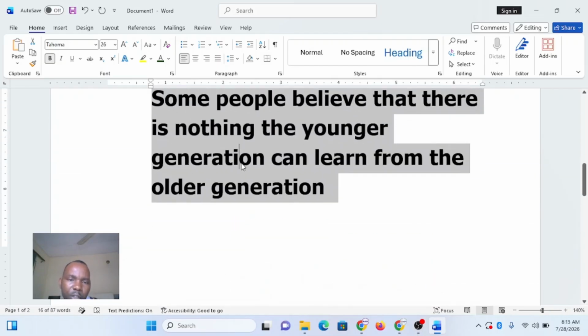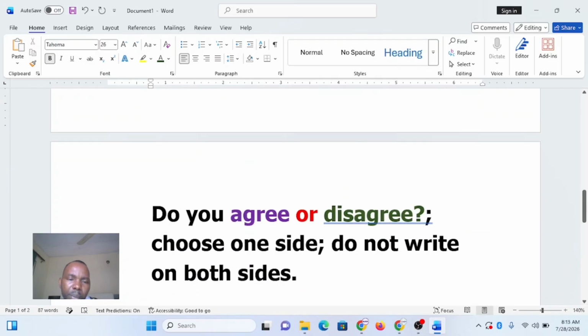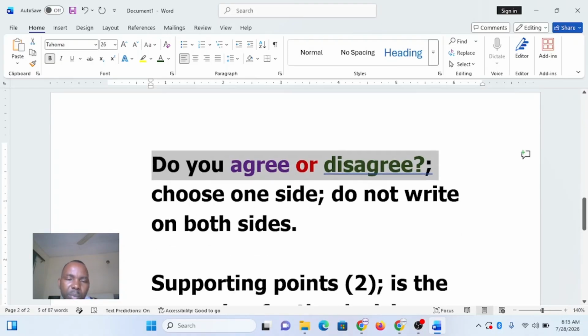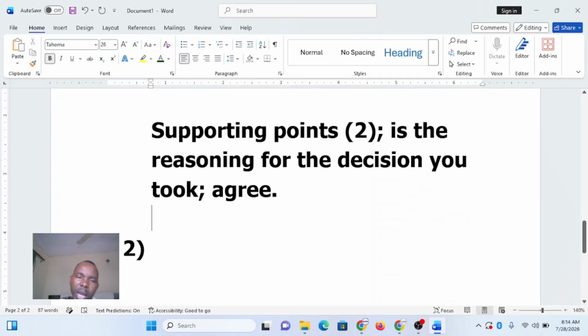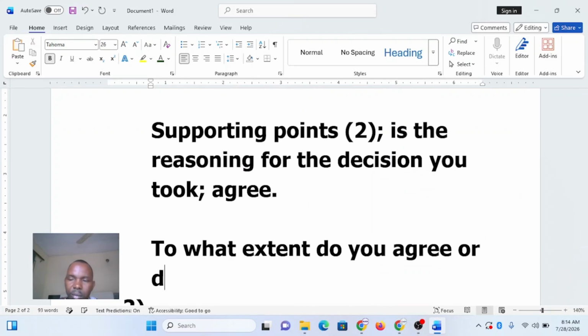So the first kind of prompt that tells you that the question is an opinion essay is when you see the prompt at the end, they will ask you, do you agree or disagree? This is the prompt that tells you, oh, it's an opinion essay. Another way they ask for opinion is, to what extent do you agree or maybe disagree?